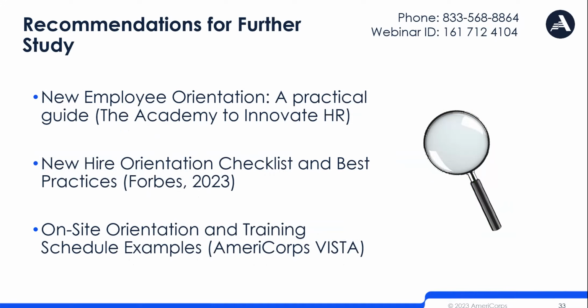The third resource is one of ours that was developed for sponsors, and it shows a couple of examples of sample OSAT schedules, and it also lists the topics that VISTA sponsors typically include in on-site orientation and training, as well as the sequence and timing. The recommended resources are listed on the handout after the slides.